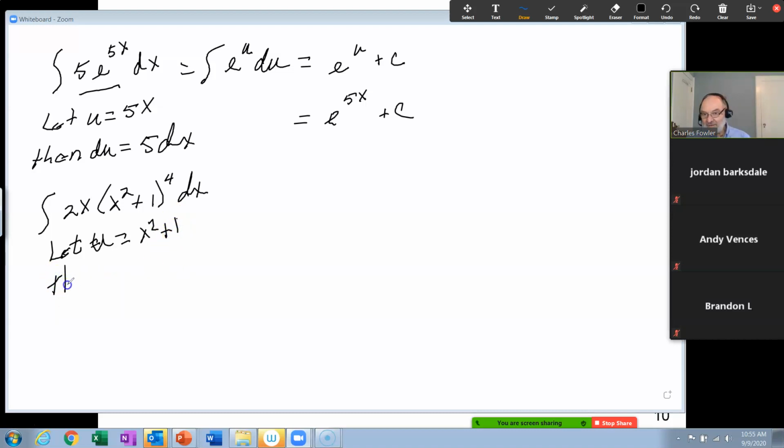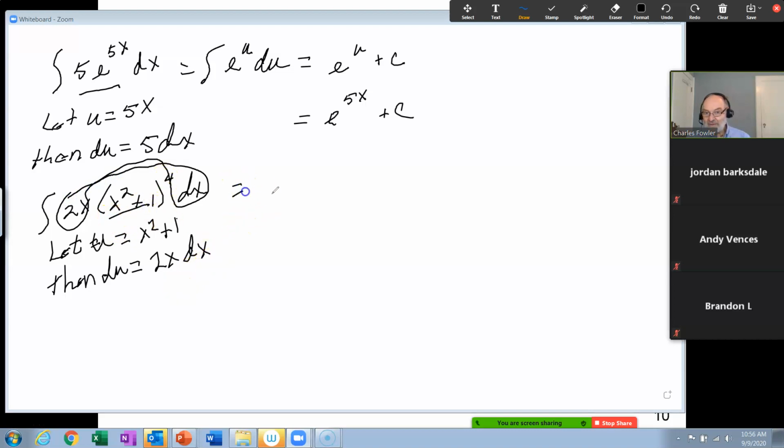Anytime you have a let, follow it by then. du is equal to, anyone want to make a guess? 2x dx. You got it. Very good. And now you see the 2x dx up here. There's your du, and this is u to the 4th power.